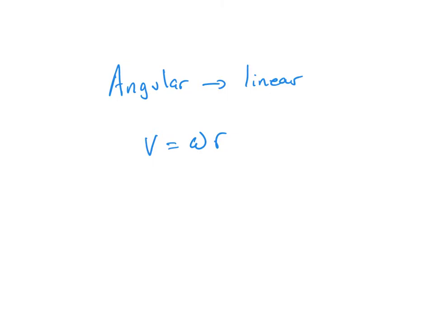Now, we can convert between our angular and our linear speeds, right? So if we have an object moving in a circle, like our record player, and we have some point out at the edge of it, it has some tangential velocity, right?